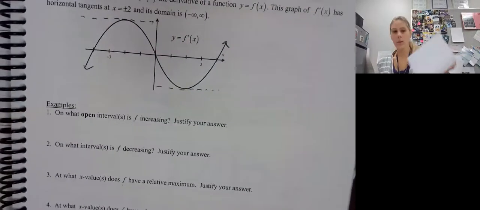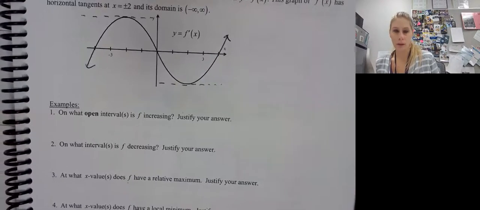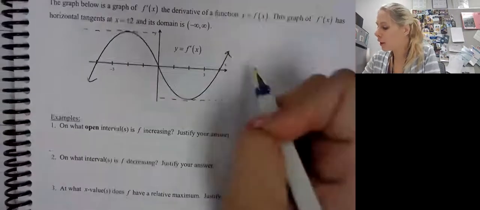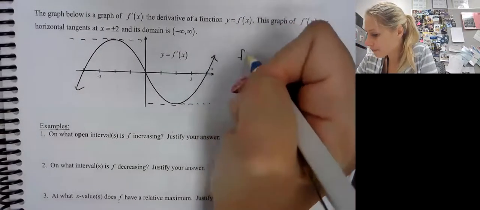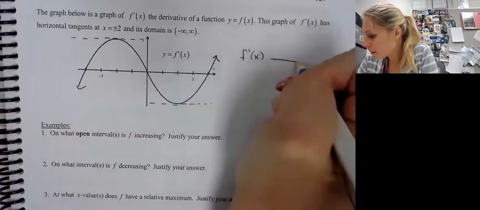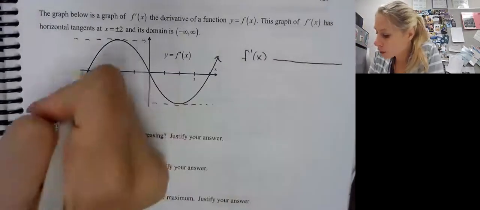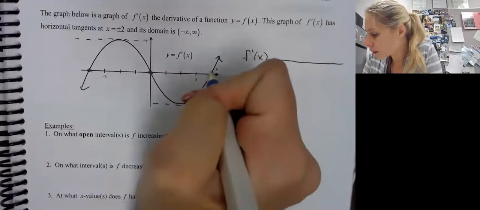So let's look at question number 1. On what open intervals, so open means no matter what, we're going to have parentheses, right? Is it increasing? Well, first of all, let's do some side work here. Let's do our sign ray. F prime of x shows me that my critical numbers are where f prime equals 0.